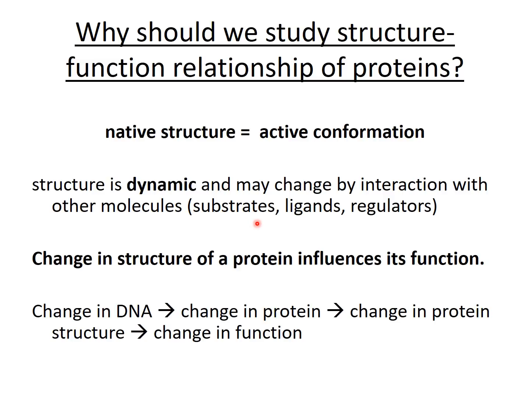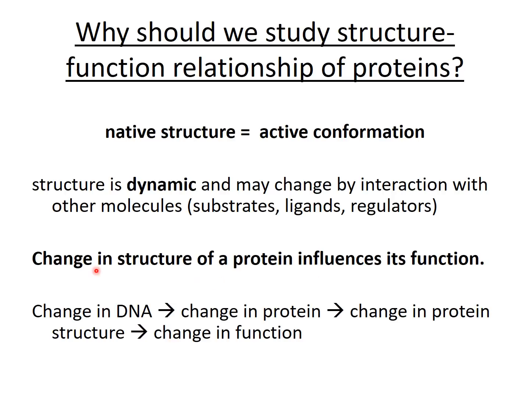You learned a lot of examples of enzymes, where the different substrates can bind to the enzyme in a specific site. But if there are regulators, other ligands binding to the enzyme, substrate binding can be halted, inhibited, or promoted through conformational changes of the protein. So the change in structure of the protein influences its function.